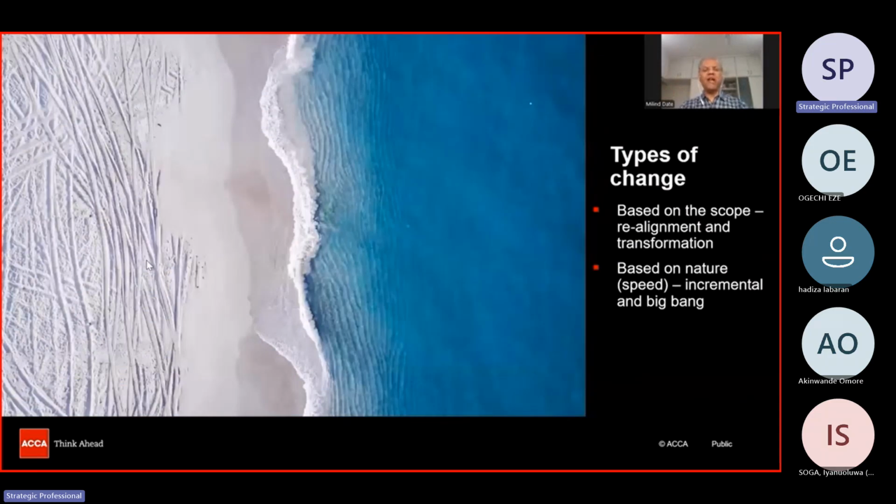When I talk about types of changes, it's based on the scope, the way in which the organizational process or processes, business model, culture, systems, etc., would be affected by the change. So what is the scope?